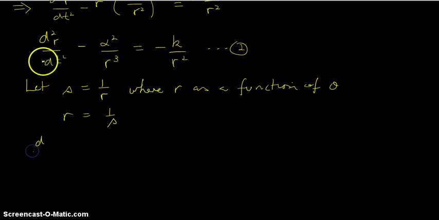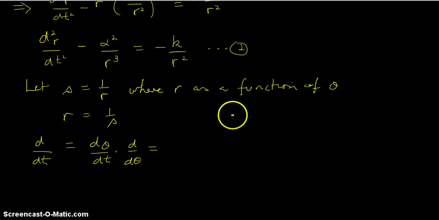So the first, because we need to go back to there and replace that with something. So we'll look first up at d dt. d dt is, what will we write here? We'll write that as d theta dt times d d theta.